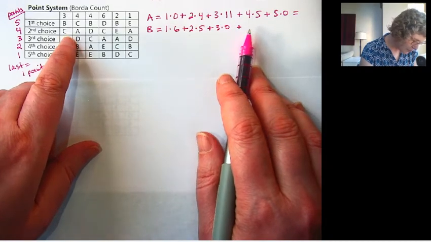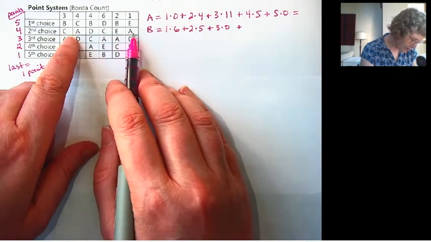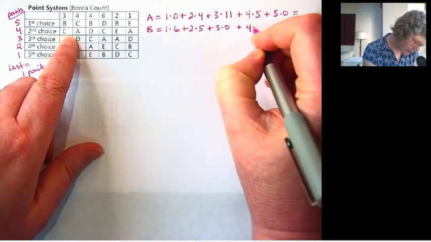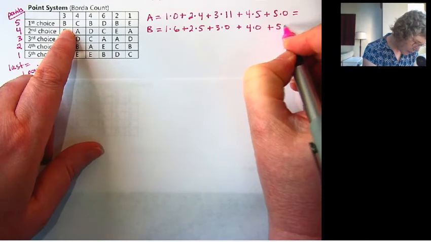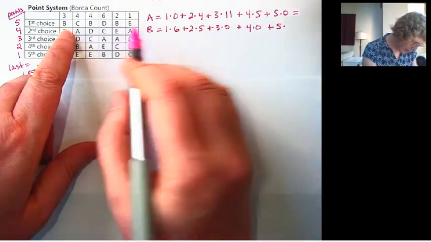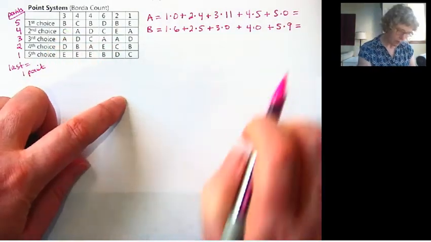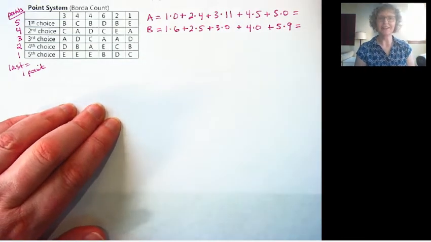Then I'm up to 4. There are no B's in 2nd choice. 4 points, so 4 times 0, plus 5 points times 7, 8, 9, right? B was the plurality winner, so they had the most first choices. So I'm curious to see if they win here.